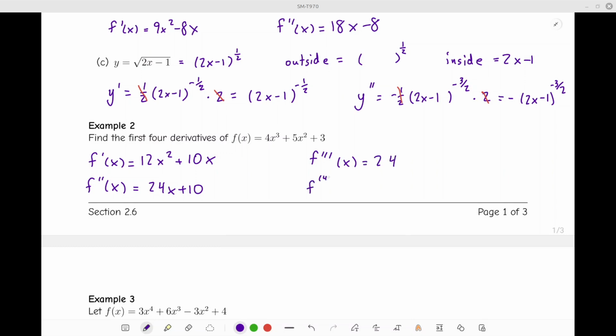And the fourth derivative would equal 0. And actually, I'm hoping this gives you an idea for polynomials what the nth derivative would be. So if you have a 7th degree polynomial, the 8th derivative will always be 0. So if you take the derivative that's 1 more than the degree, you will get to 0 every single time for a polynomial.